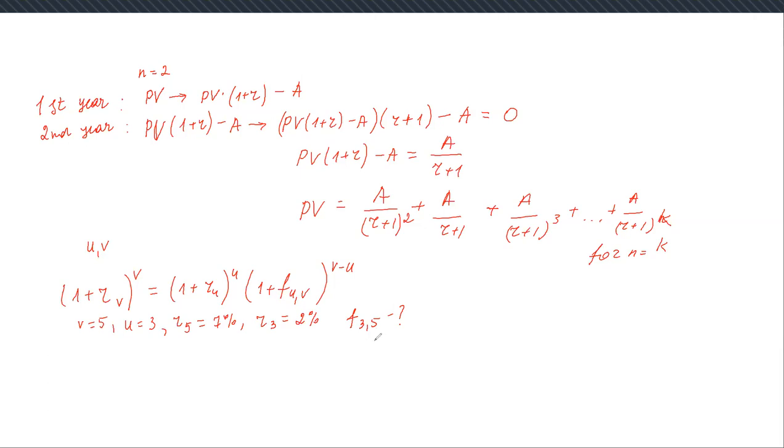What does it mean? What is the forward rate? It is what rate of return the bank will pay you from 3 years to 5, in the fourth and fifth years. And this r sub 3 is the return rate in 3 years from now, and this is the return in 5 years from now.